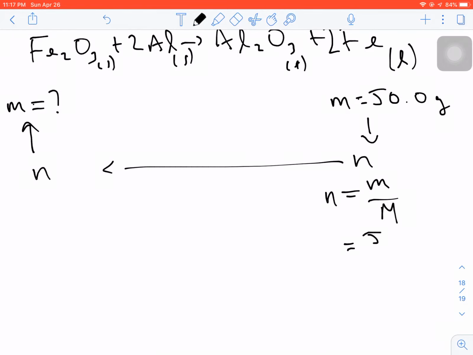50 grams divided by the molar mass for iron, which is 55.85 grams per mole. And I'm going to get 0.895 moles.